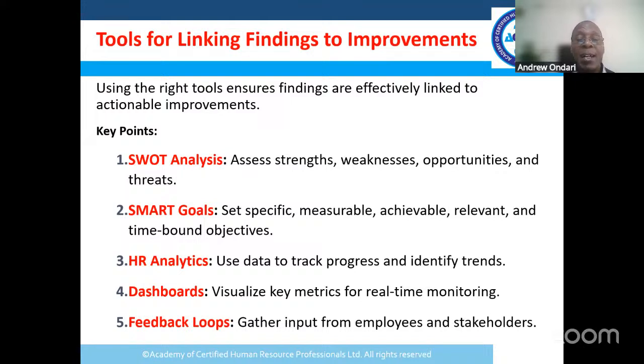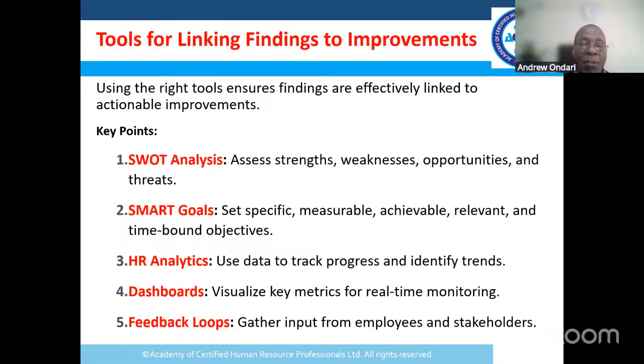So if there is a disciplinary process report, it should be fed into the system in real time. Once it's completed, it is fed into the system. Or if there is any change in the human resource activities, like reporting time, probably you are changing from 8:30 to 8, that should be posted on the dashboard in real time.